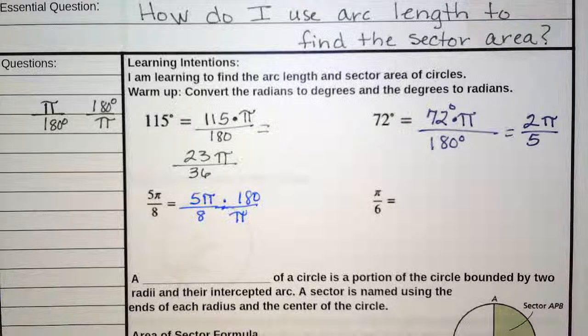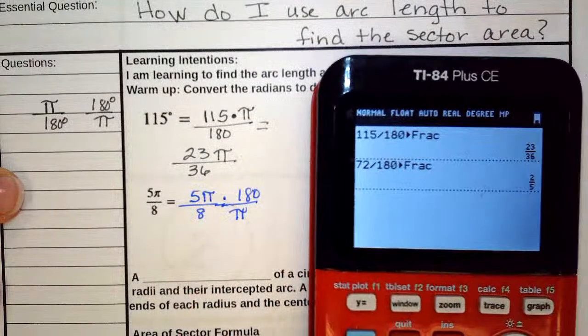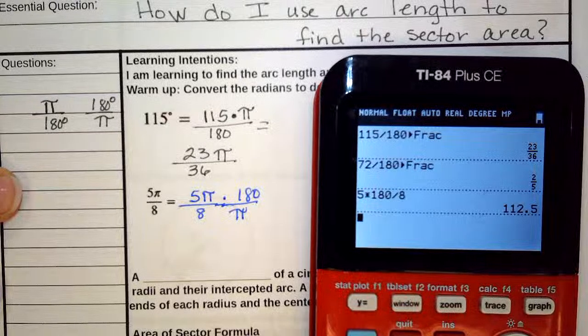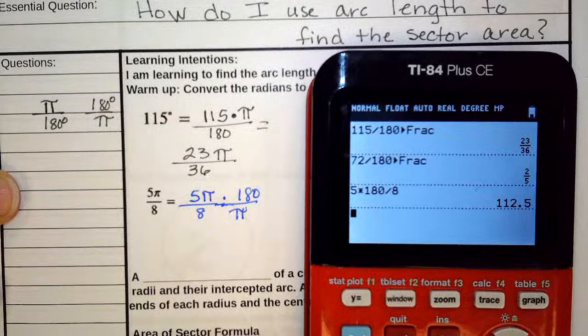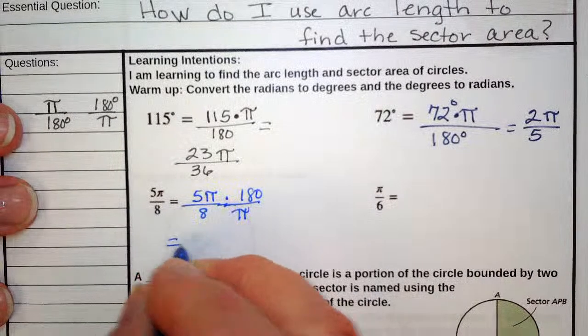My pi's fall out, and then I end up with 5 times 180 divided by 8. And it's 112.5. So that would be 112.5 degrees.